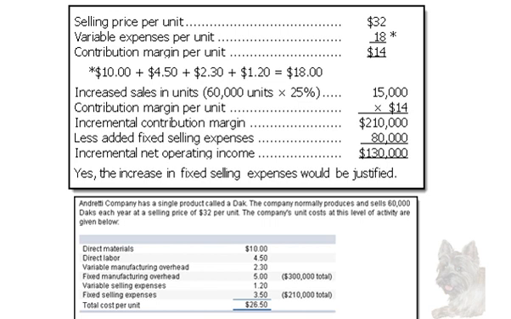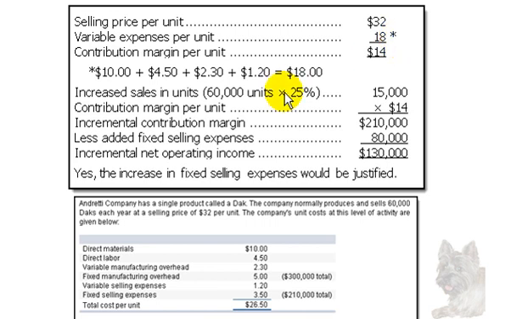Okay, now what you see is the solution up here and then just a smaller image of the problem that you were looking at down here, just so we have the information in front of us. So to answer this question, we first calculate the contribution margin per unit. It's the $32 selling price given in the problem, and then we have to subtract the variable expenses, and it came out to be $18.